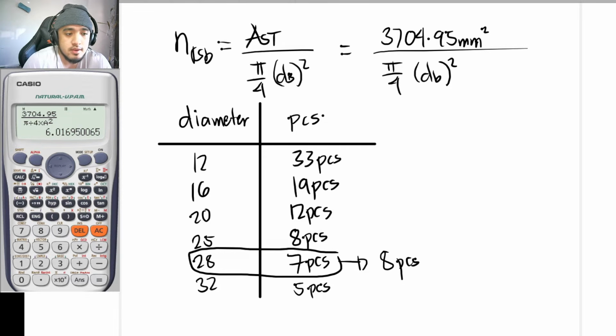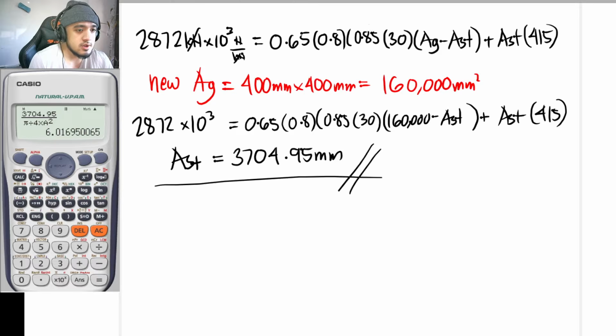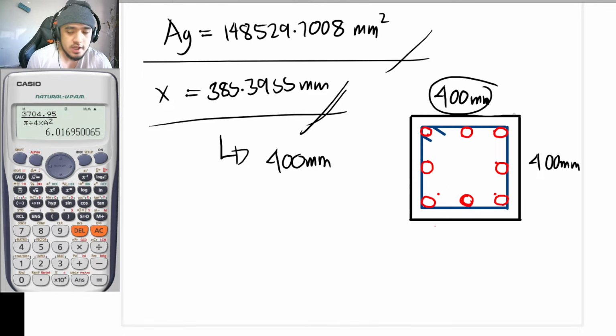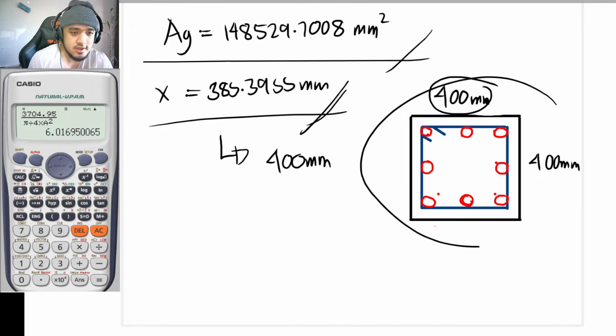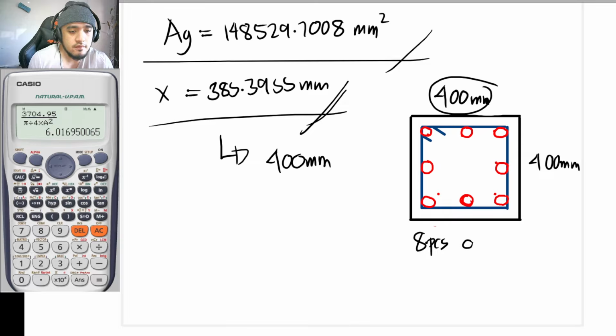So for example, the diameter that is available in your local is to be 28 mm, and the 25 mm is not available in your local. So once again, we will be making use of this. So our section would now look like this, and we will be having 8 pieces of diameter 28 mm rebars.